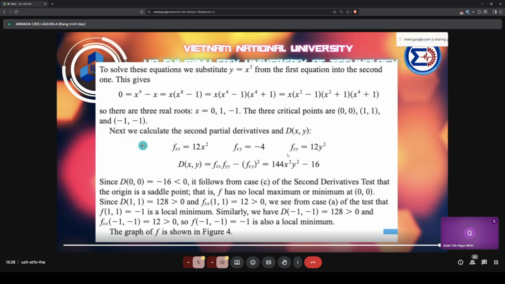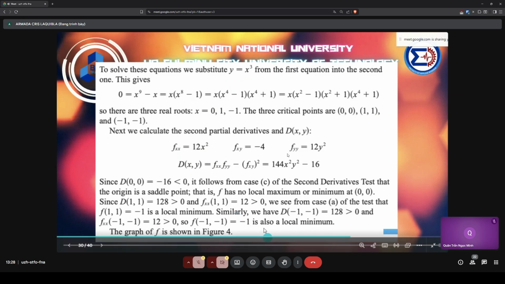Okay, so we don't know yet if these points are saddle points or local minimum or local maximum. Okay, so what to do? Again, we solve the second partial derivatives, fxx, fxy, and fyy. Now go to your fx.